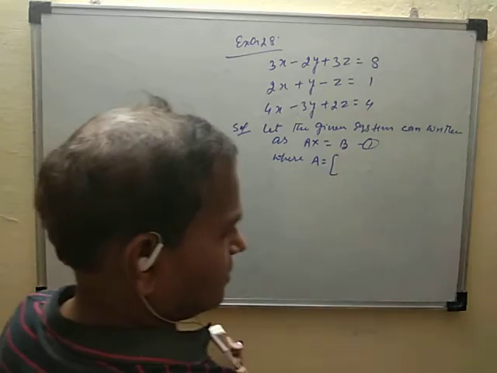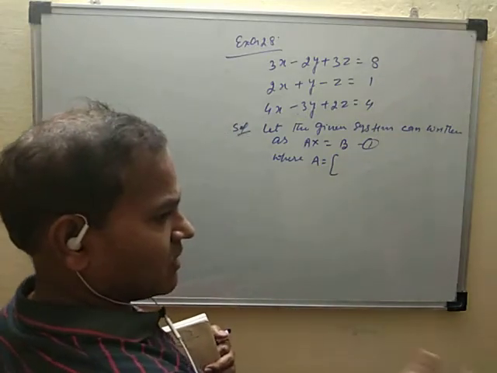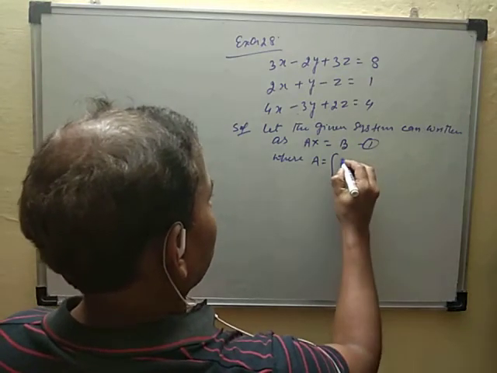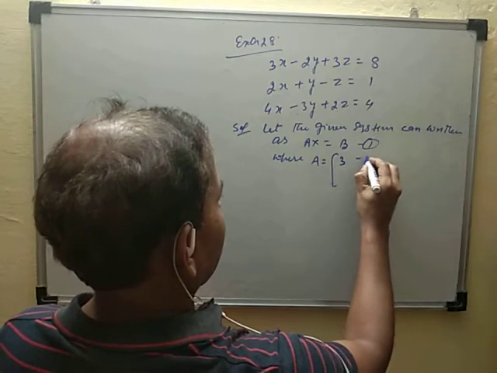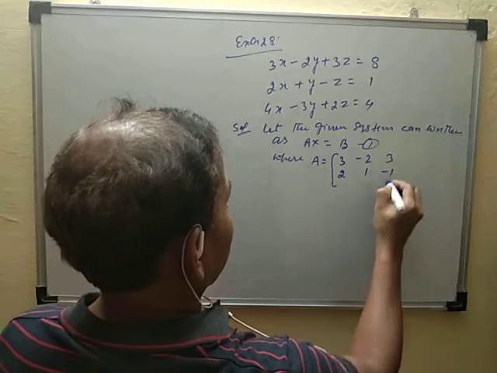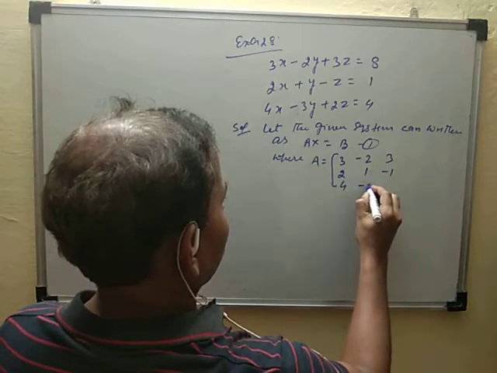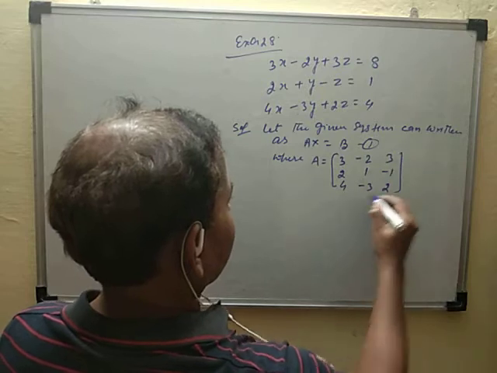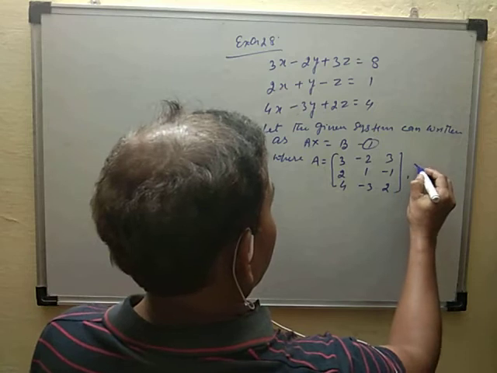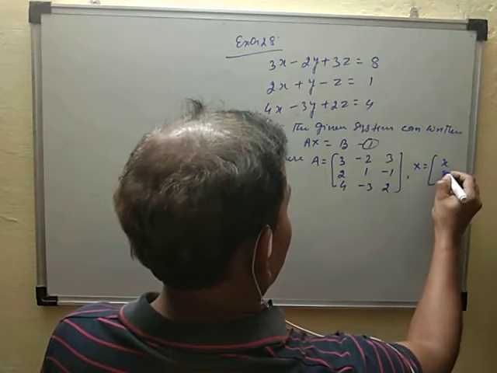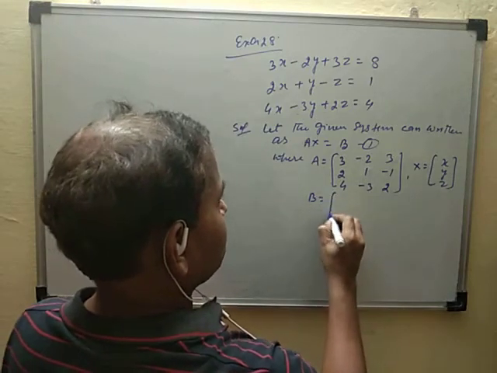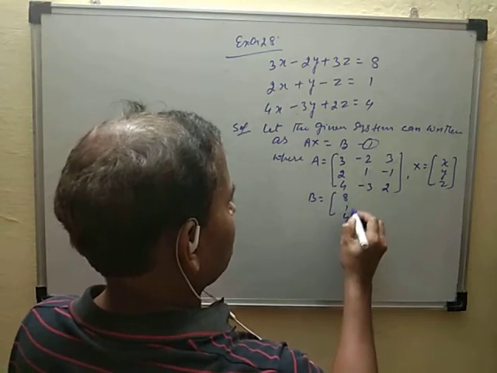Where A is the matrix 3 minus 2 3, 2 1 minus 1, 4 minus 3 2, that is the coefficients of x, y, z, and capital X is the column x, y, z, and matrix B is equal to the constant terms 8, 1, 4.